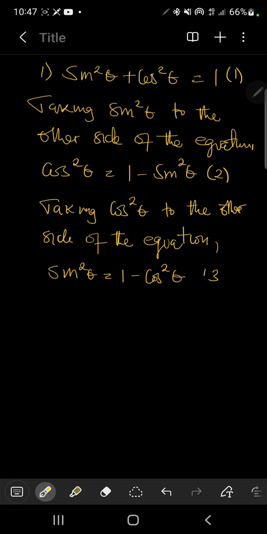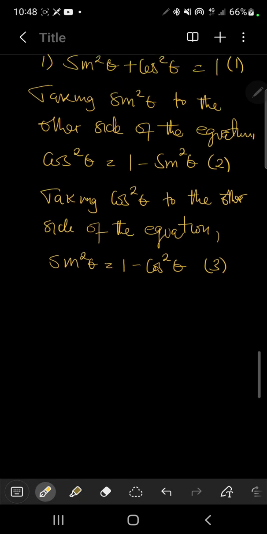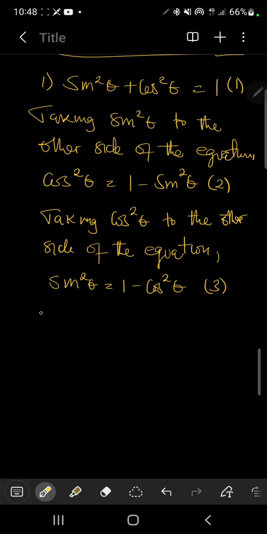We can call this equation what? Equation 3.